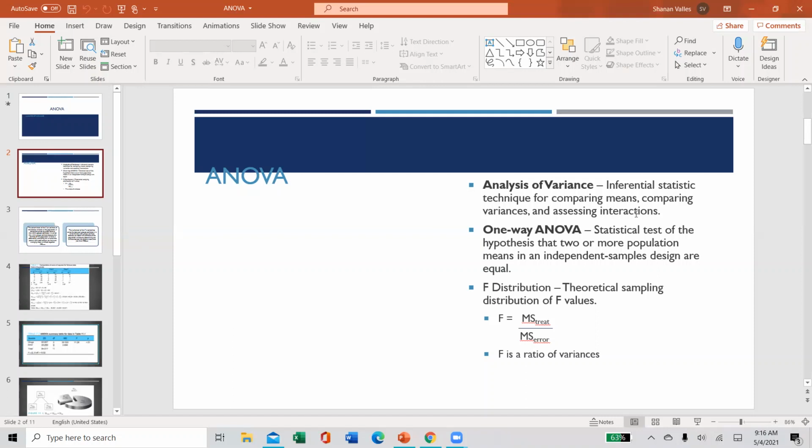So there are a couple different types of ANOVA. In our class, we will go over what we call a one-way ANOVA. A one-way ANOVA is a hypothesis test of two or more population means, and it's in an independent samples design.